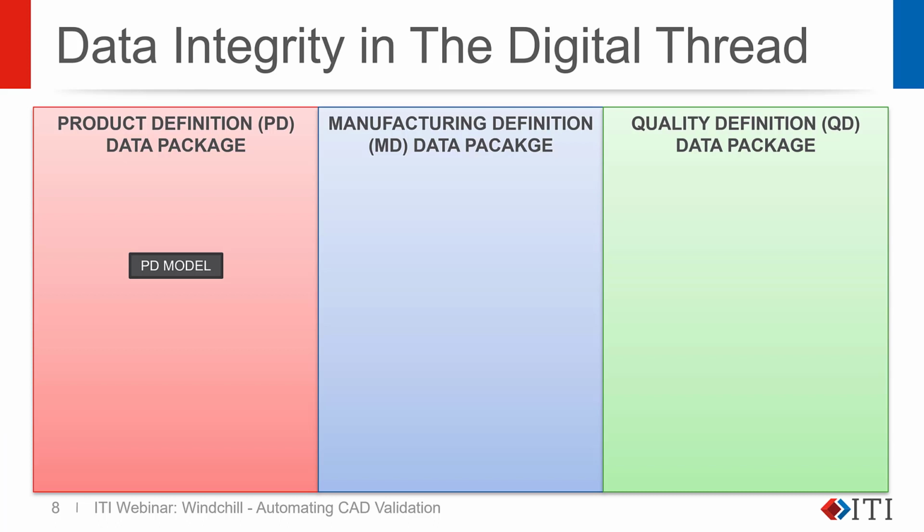So let's pivot here and talk about data integrity in the digital thread. A part design typically starts with a model that defines the part to be realized. If you're not working on model-based definition, it could just be the geometry. If you are working in a model-based environment, it could include the geometry and the annotations.